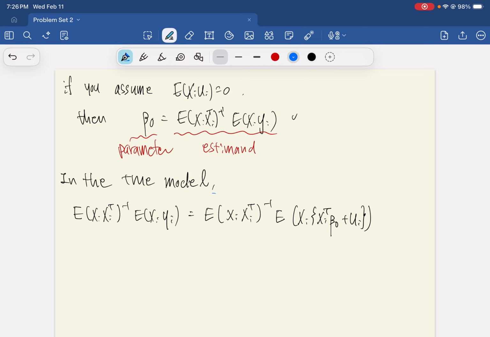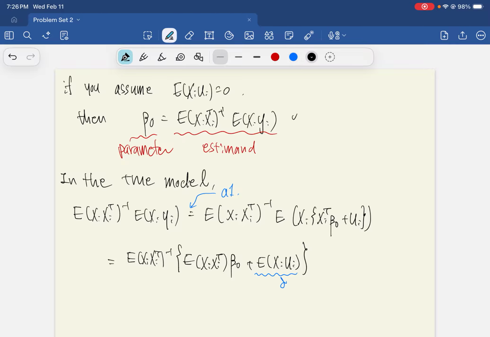So using assumption 1, and then expand the inverse of the expectation of x_i x_i transpose, and here the expectation of x_i x_i transpose beta 0 plus the expectation of x_i u_i. Now we know this equals delta.